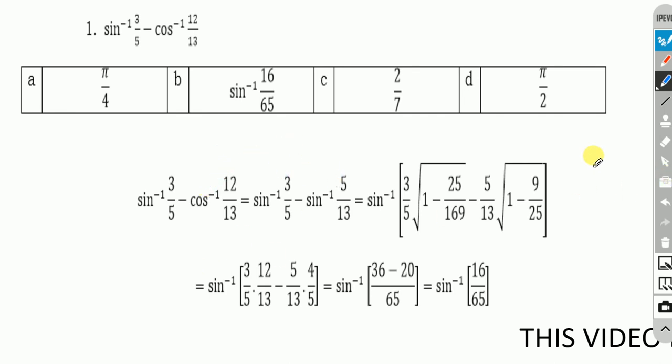So let us see how it is. Cos inverse of 12 by 13 is equal to sin inverse of 5 by 13. See, if you consider a right angle triangle like this, and let us take cos inverse of 12 by 13 as theta.